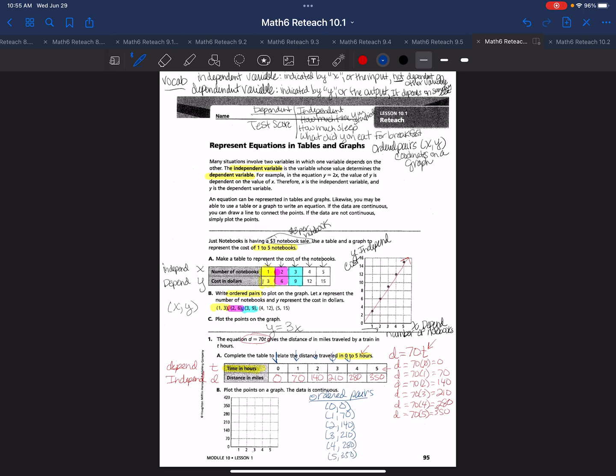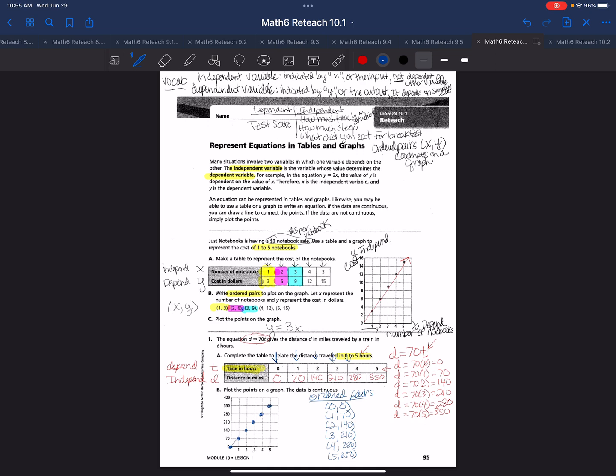Okay, so now I can go ahead and plot my points on the graph. So I start with 0, 0. Then I have 1, 70, 2, 140, 3, 210, 4, 280, and 5, 350.